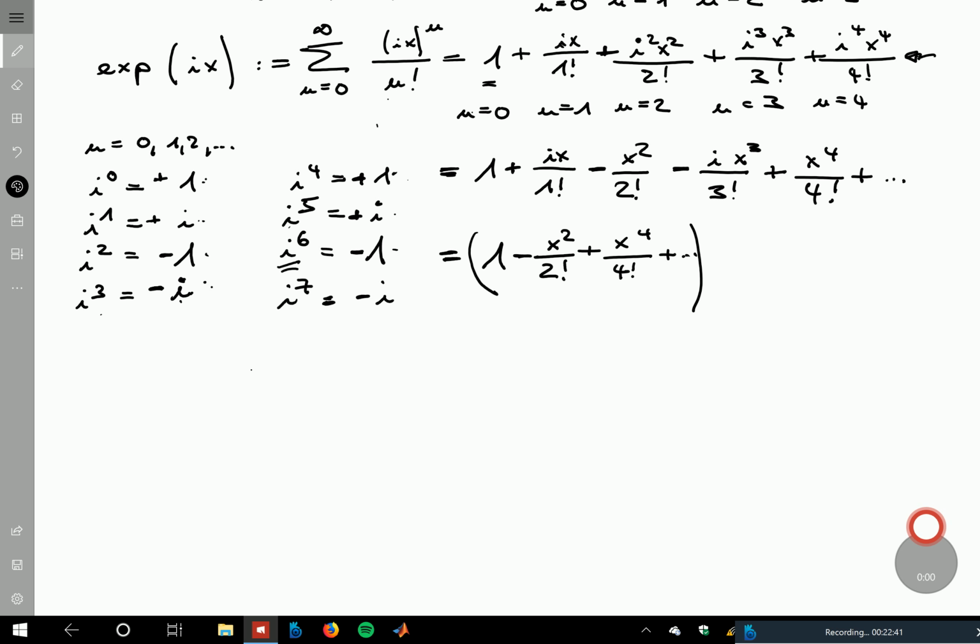So the odd ones, which are the sine terms, get an i in front of them, and we are now rearranging them into this. So the first one at least, x³ over 3!, x⁵ over 5!, that's an x, and so on.